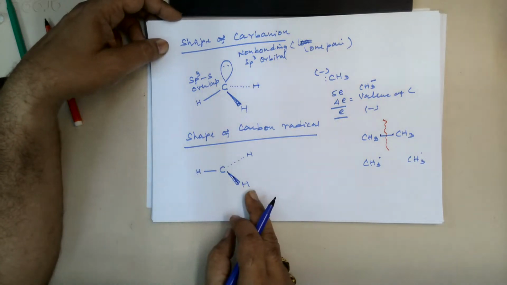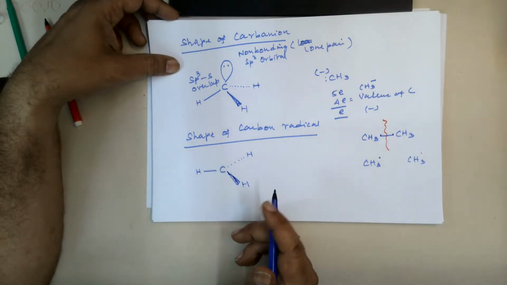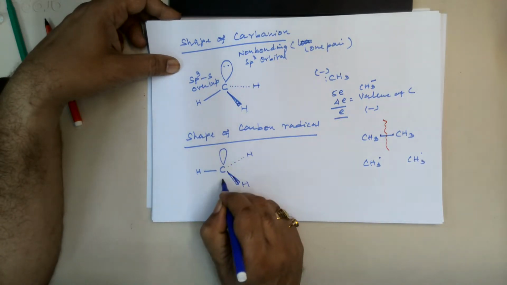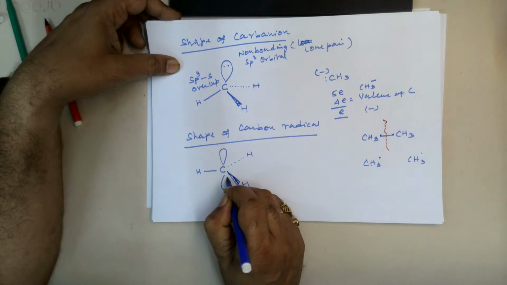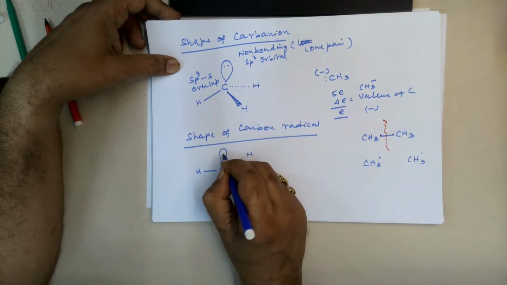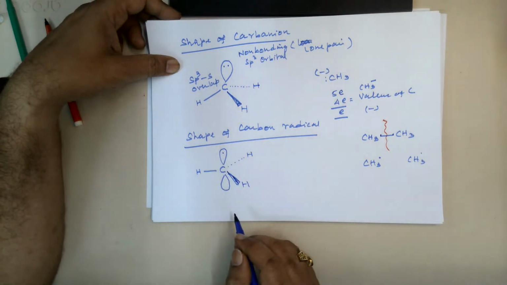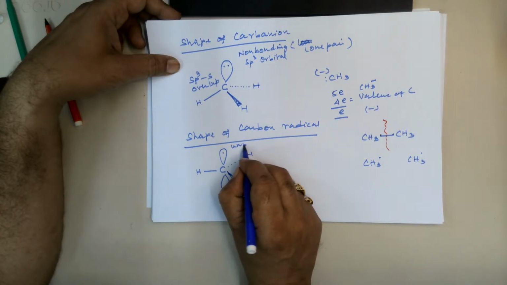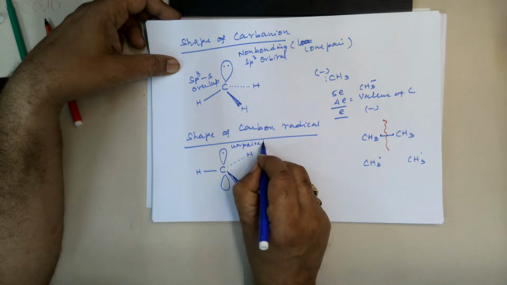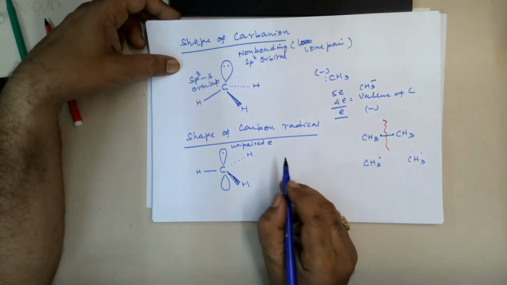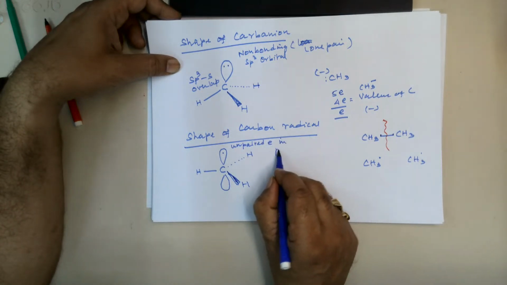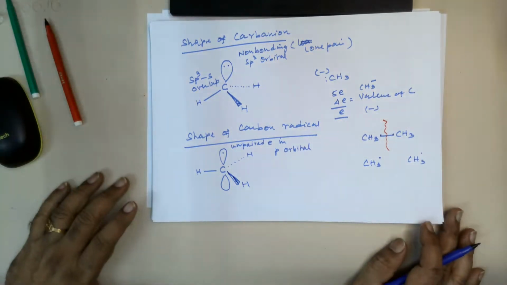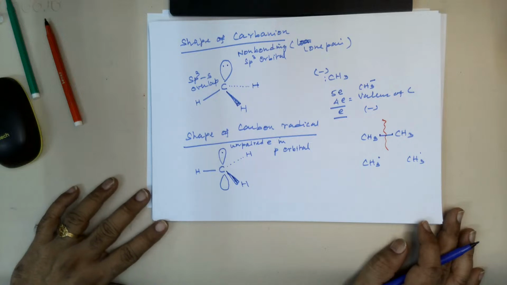So CH3 is a trigonal type, and you have the p orbital like this, where you have an unpaired electron. So this is the unpaired electron in the p orbital.